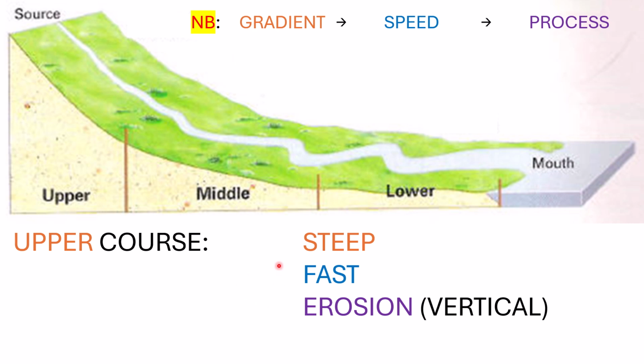So in the upper course, the gradient can be described as steep, the speed of the water as fast, and the dominant process is erosion. So the steepness of the slope creates a fast flowing river, and a fast flowing river which has lots of energy erodes the land over which that river flows.